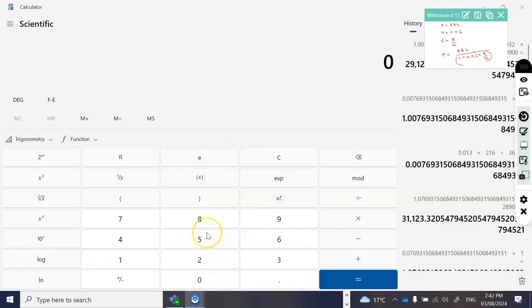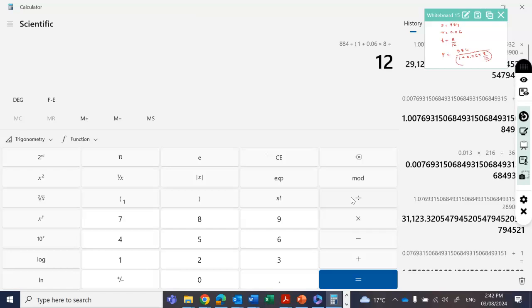So we have 884 as your maturity value, and then divided by, you will enter a bracket and then 1 plus 0.06 times 8 divided by 12.